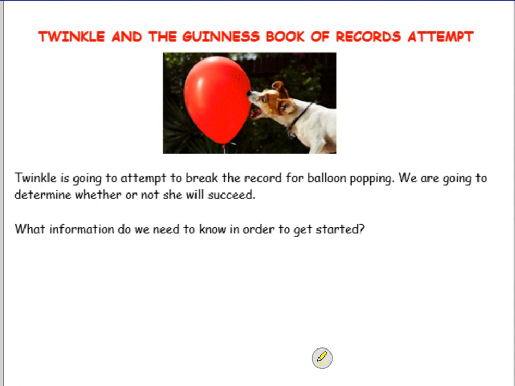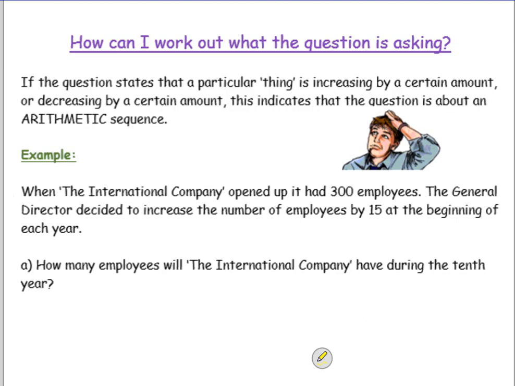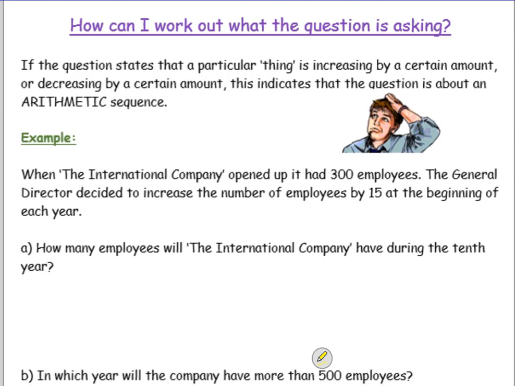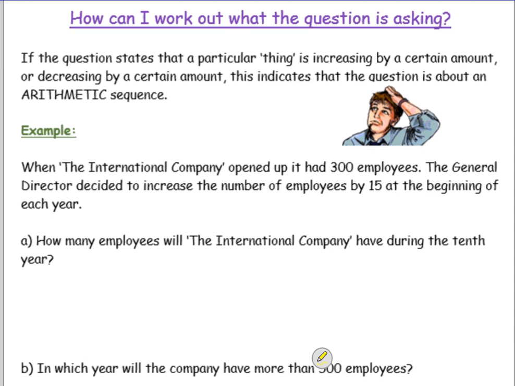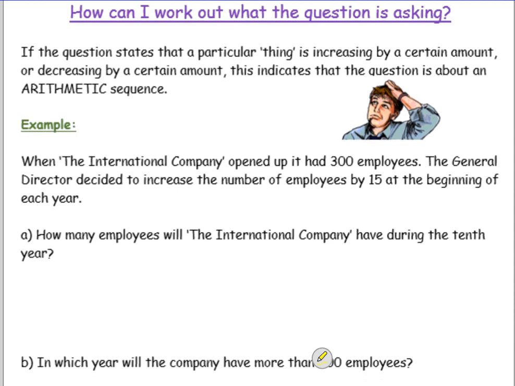So how can I work out what the question is asking? That's what you need to think of in these word problems. From the question, is it an arithmetic sequence or a geometric one? And do they want us to find the nth term, or the sum?